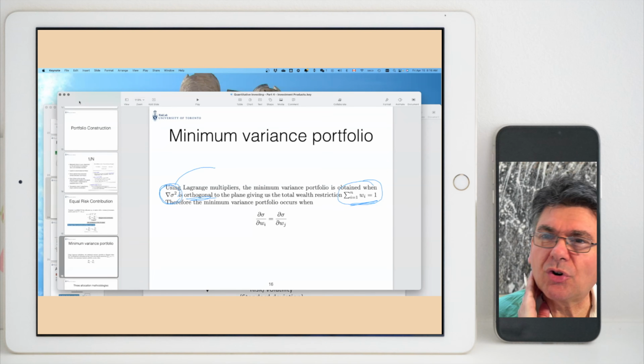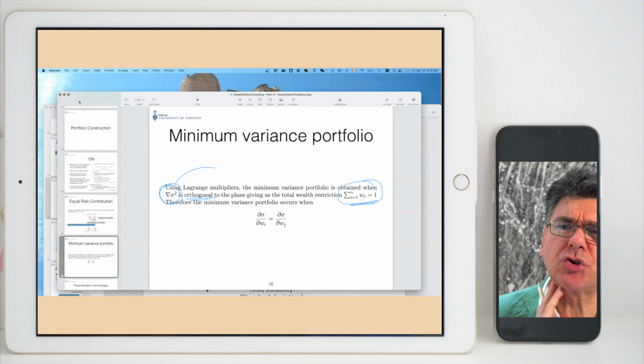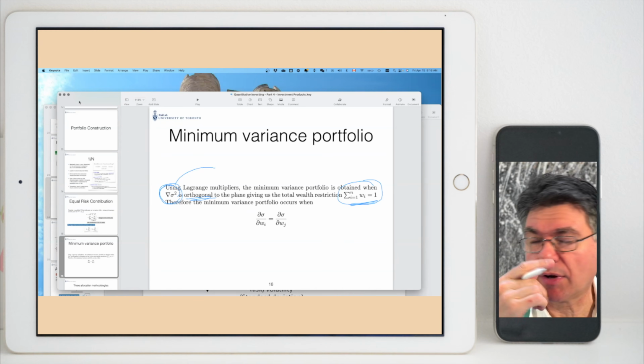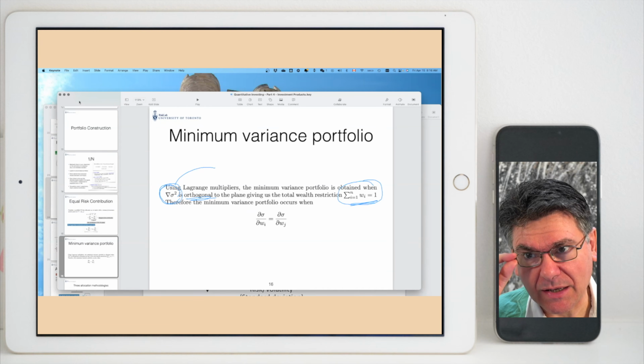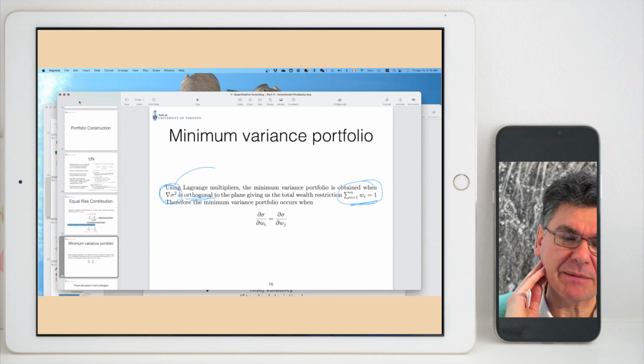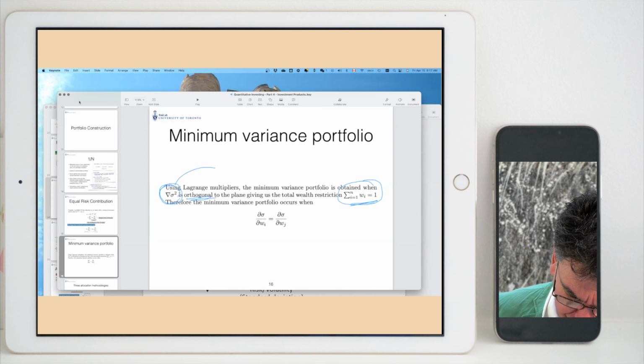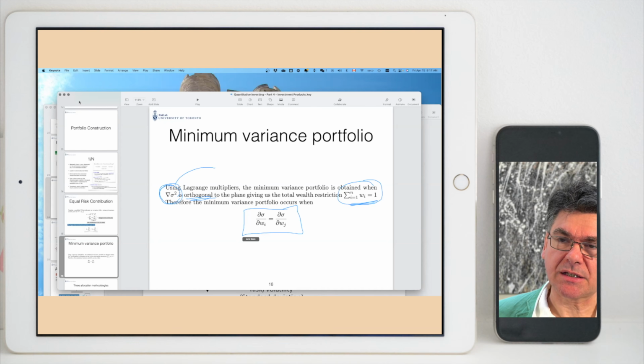Okay, I don't know if this is something you have seen. I am sure you have seen this. Okay, it comes from multivariate mathematics. But I'm not interested in the mathematics. I'm interested in the conclusions of that. Because once you set up this Lagrange multiplier equation, the result is that you have to have these things to hold.